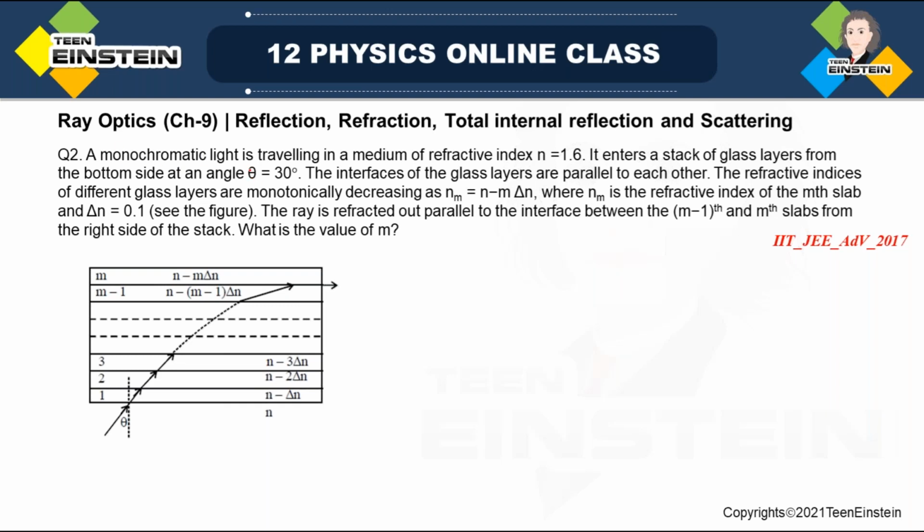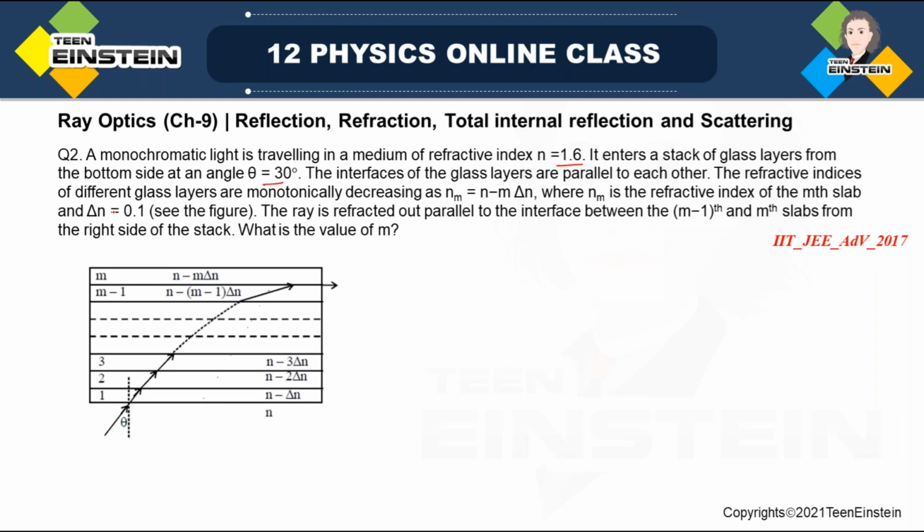A monochromatic light is traveling in a medium of refractive index 1.6. It enters a stack of glass layers from the bottom side at an angle theta, that is equal to 30 degree. The interfaces of the glass layers are parallel to each other. You see that, parallel to each other.